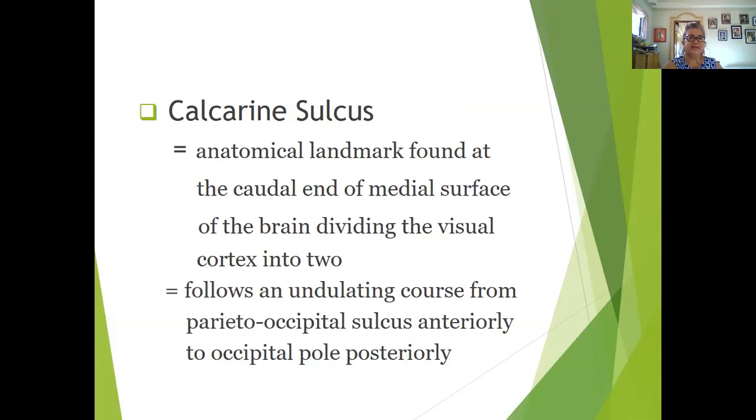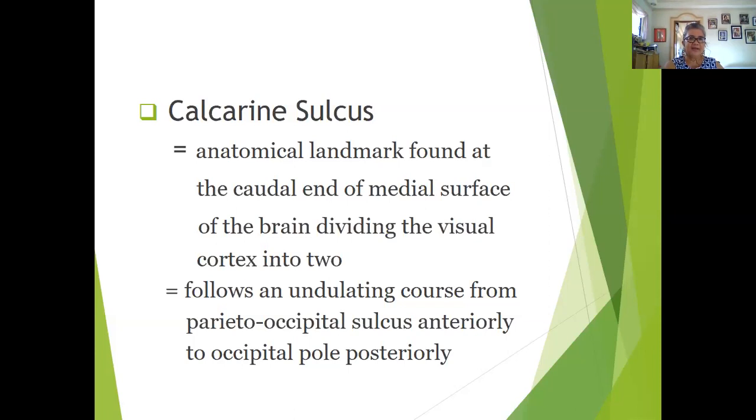Then you have the calcarine sulcus. This is an anatomical landmark found at the caudal end of the medial surface of the brain, dividing the visual cortex into two. So it follows an undulating course from the parieto-occipital sulcus anteriorly to the occipital pole posteriorly.